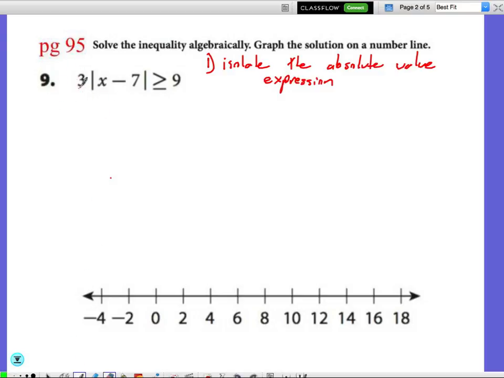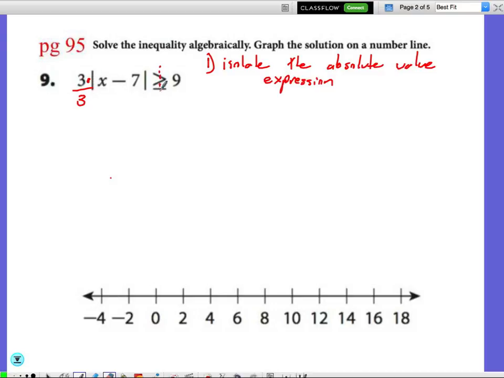Alright, so we actually have just one thing outside the absolute value, and we just go ahead and do the inverse. Remember, whenever you have a number in front of the absolute value, basically multiplying, we take 3, the opposite of multiplying by 3 is to divide by 3.